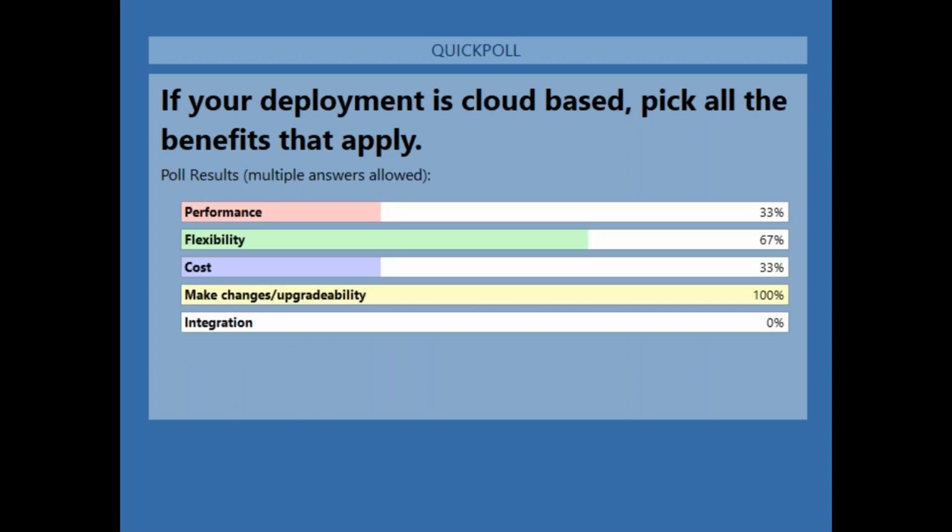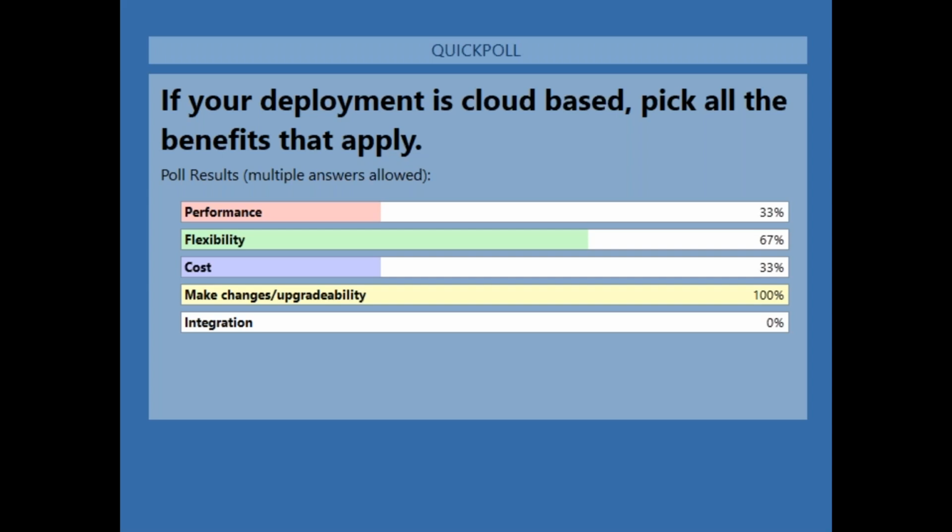We'll compare that to the performance, where about two-thirds of the audience talked about flexibility. That can be a pretty broad statement. Cost, and then a pretty resounding 100% on making changes and upgradability. Again, this is a multiple selection poll, so that's why it doesn't add up to 100%.